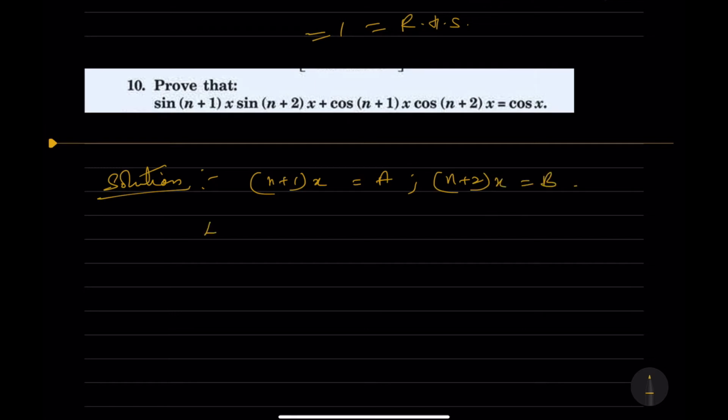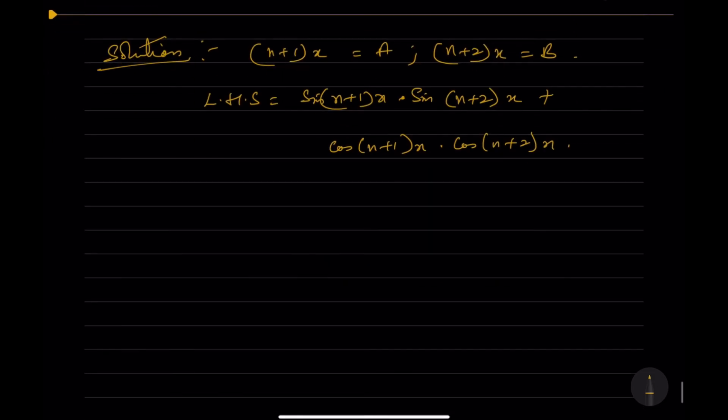So here you can write the formula as LHS is equal to sin a into sin b plus cos a into cos b. It's written in that form.